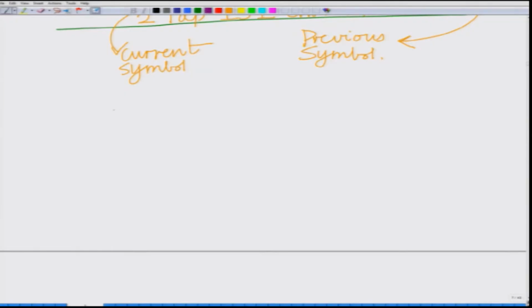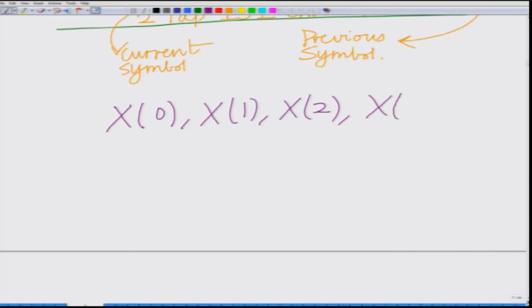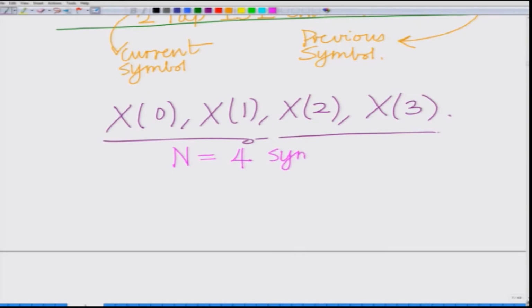Let us consider a typical OFDM system with 4 subcarriers, that is we have the symbols capital X0, capital X1, capital X2, capital X3. These are the N equal to 4 symbols.